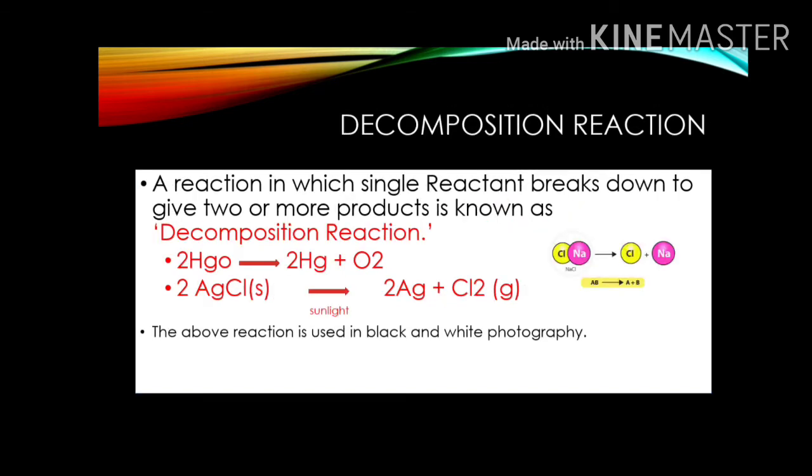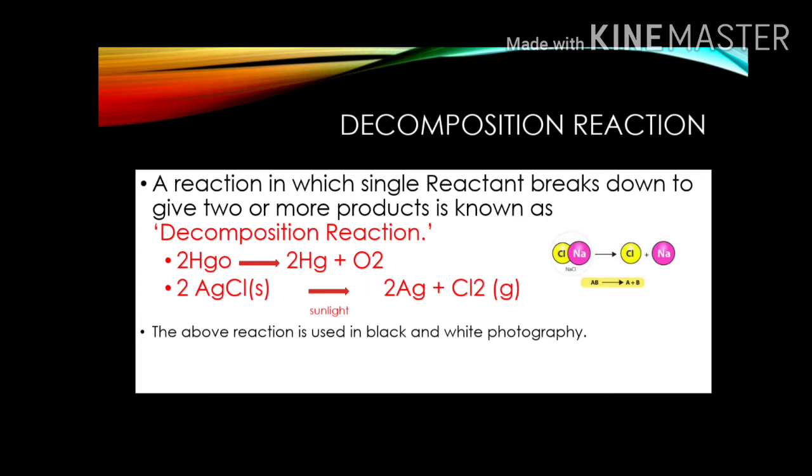Next is decomposition reaction. A reaction in which a single reactant breaks down to give 2 or more products is known as decomposition reaction. So here 2 equations I have already given.